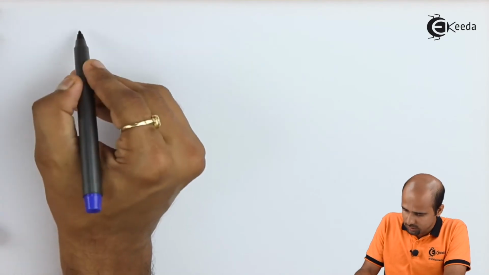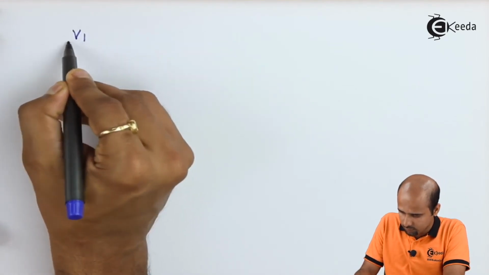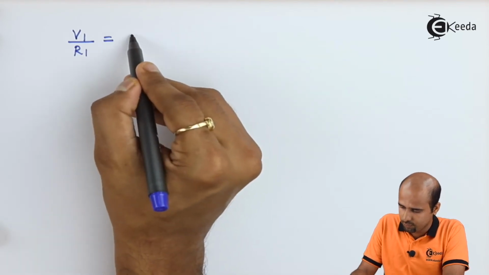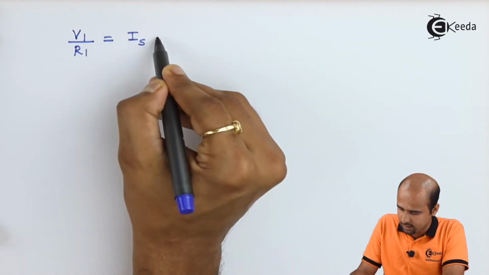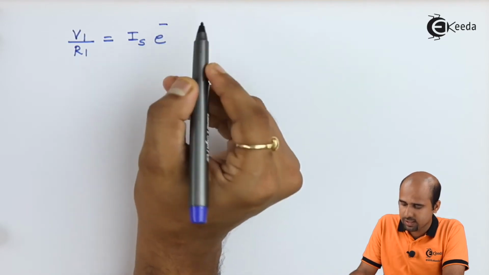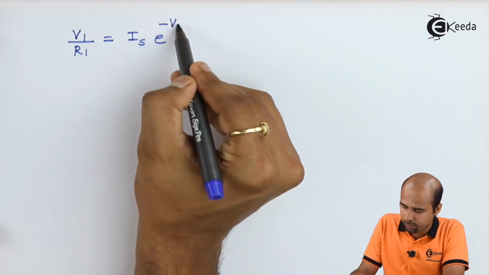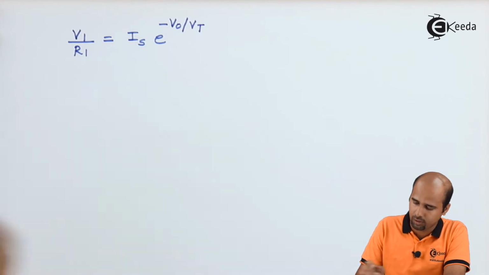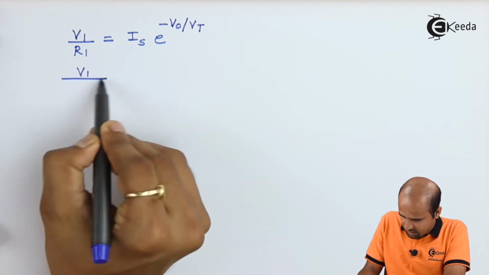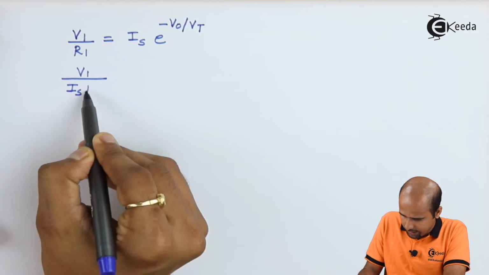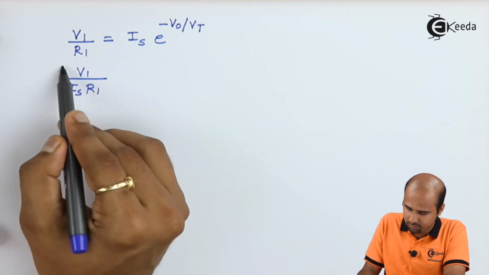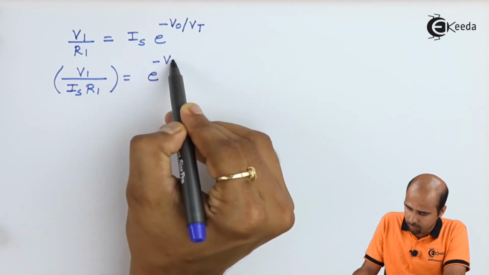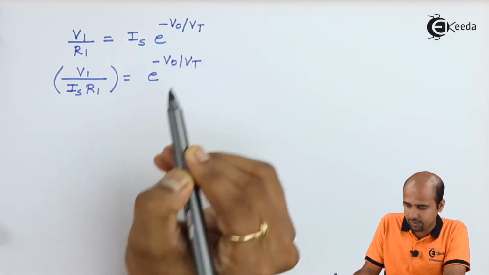We will put the value V1 divided by R1 is equal to IS into e to the power, instead of VD I will write minus VO divided by VT. This will become V1 divided by IS into R1 is equal to e to the power minus VO divided by VT.